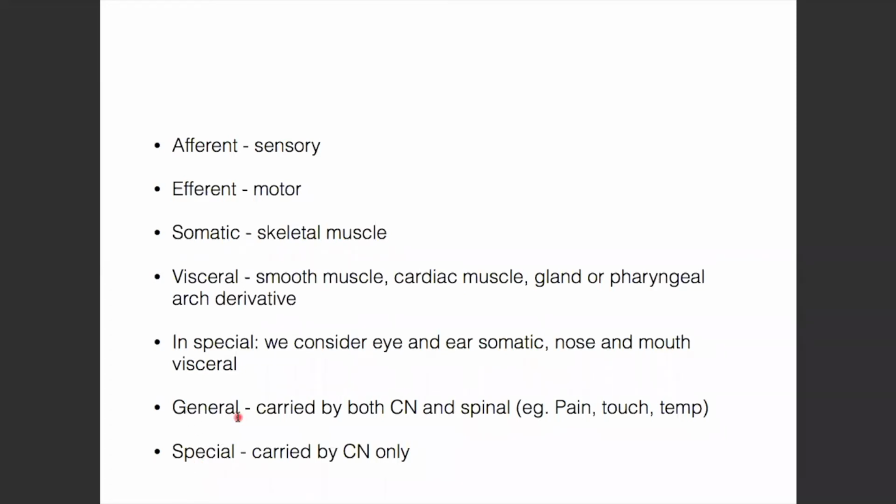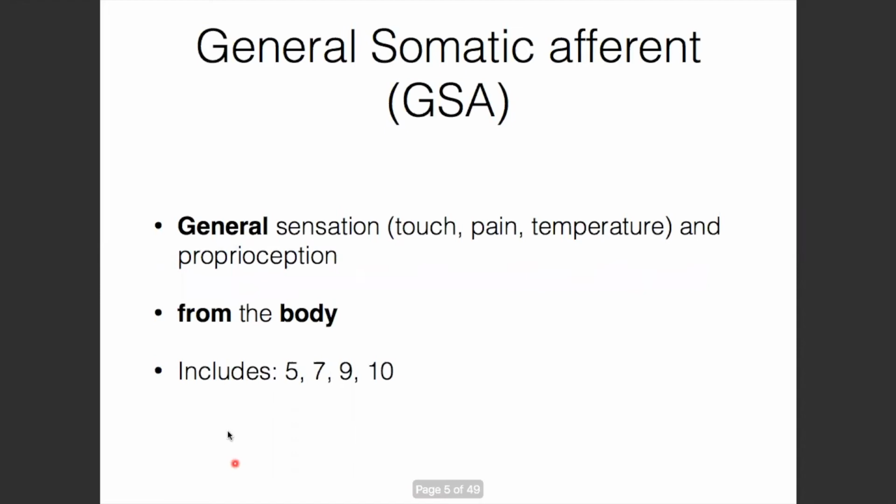Based on this division, it will be either afferent or efferent, somatic or visceral, general or special. So we have a combination of 3 words that gives us what we call components. A component is a combination of those 3 definitions to explain the function of the nerve.